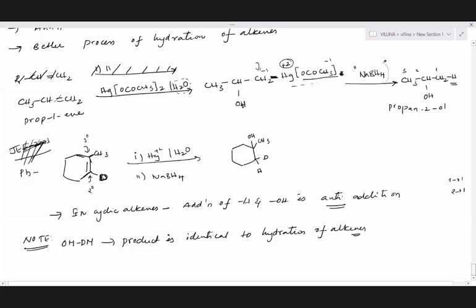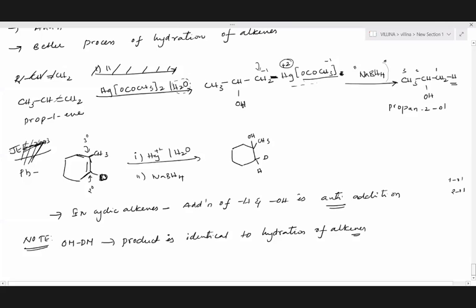So whatever H and OH are being added, in cyclic groups, right? They happen in anti manner. So in cyclic compounds or in cyclic alkenes, addition of H and OH is anti-addition.